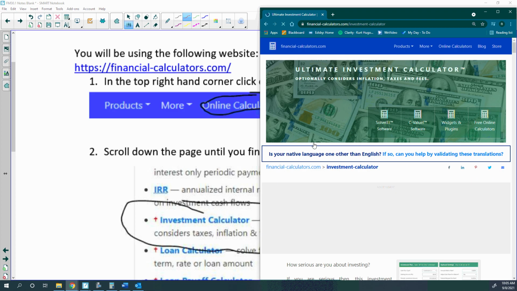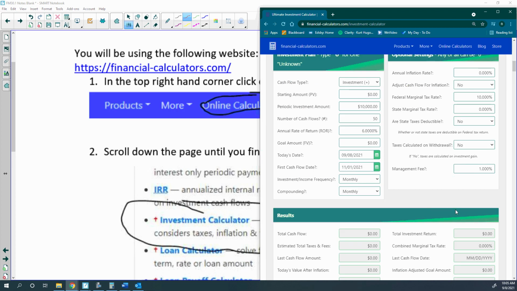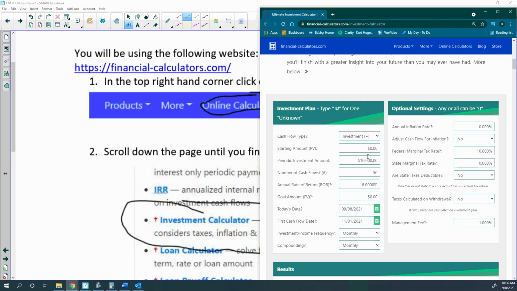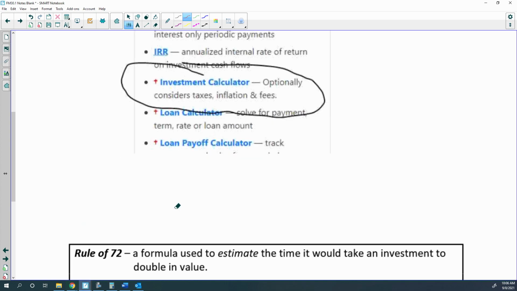Investment calculator. Click on that, and you'll have a calculator that pops up that looks like this. Most important thing to do is to make sure that everything on the right-hand side either says 0 or no. And then in a little bit, I'll show you how to use the left-hand side.